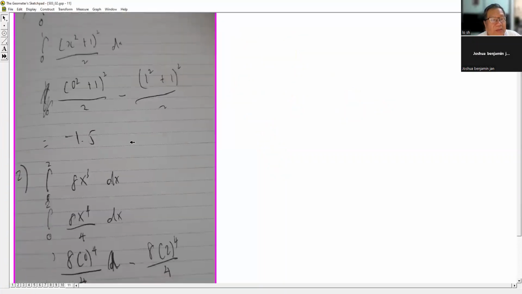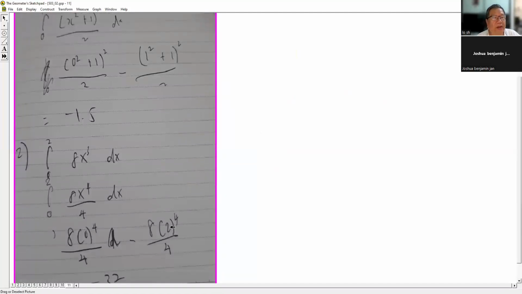Okay, next one. This is correct. The integration is correct. Integrate x power 3, x power 4 divided by 4. This is correct. But after integrating, no more integration sign and the x. Then again, you have to put 2 first. 2, then this one is 0, is it?